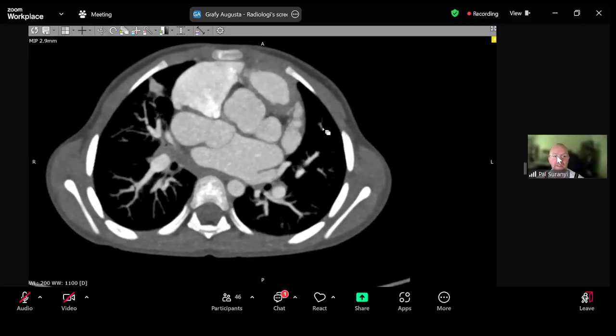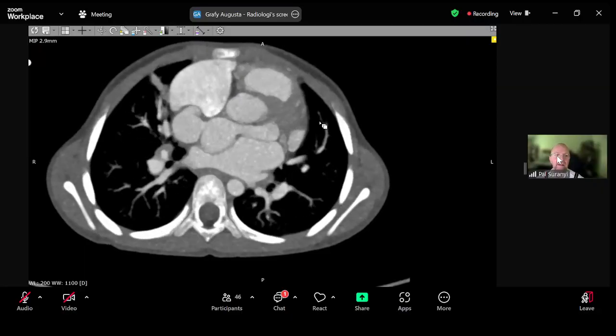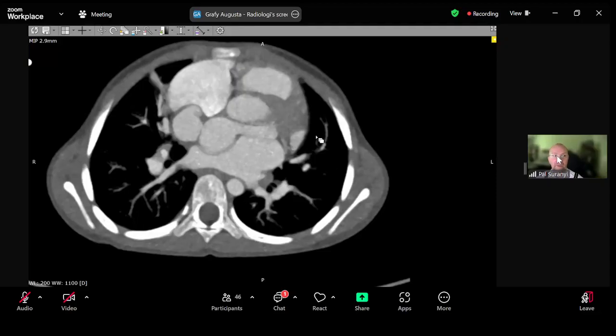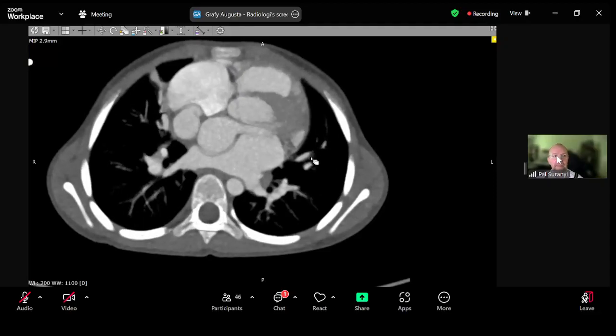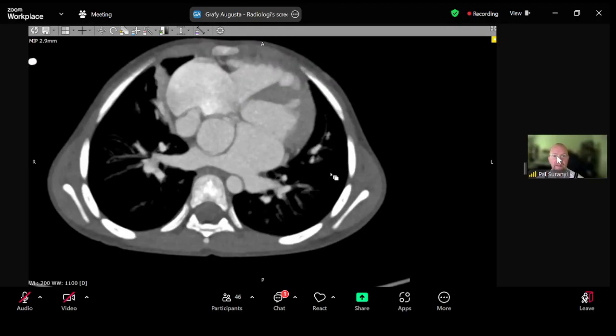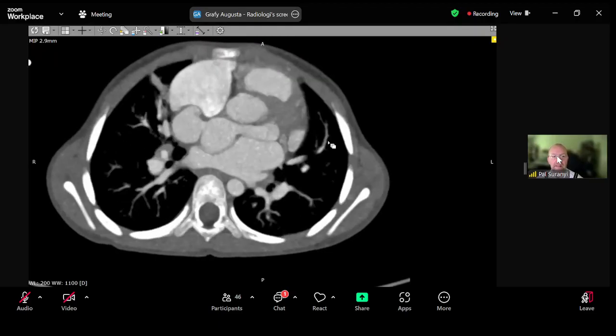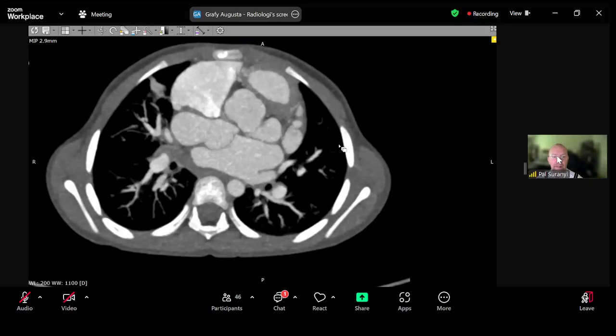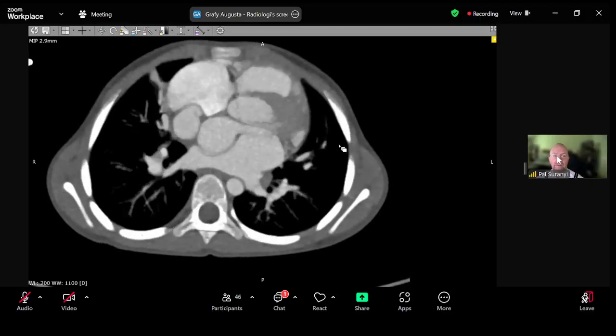Yeah, and that makes sense. Like you pointed out, this would cause essentially a left to right shunt and then increasing pulmonary flow. That's why the right atrium is dilated, and that's why the pulmonary arteries are dilated. The other possibility that we could entertain here is that during exercise there could be some steal phenomenon from the coronaries, and that could decrease myocardial perfusion.